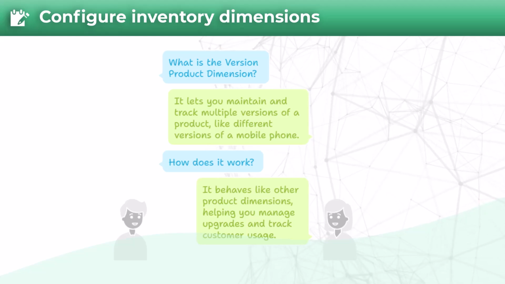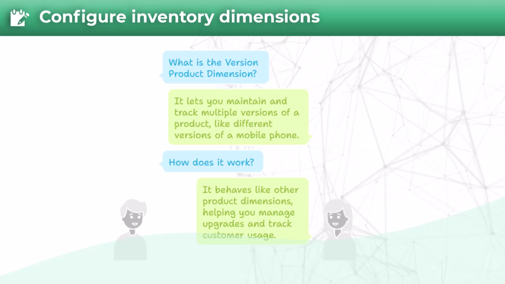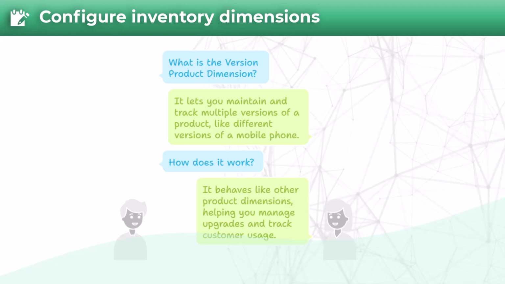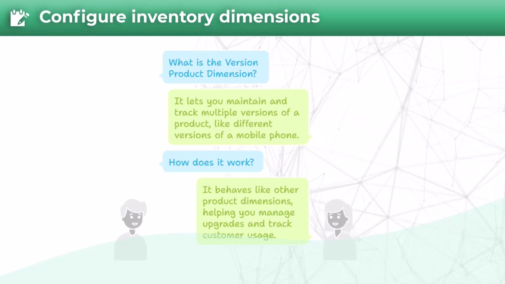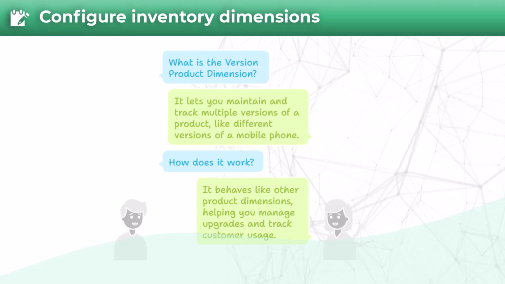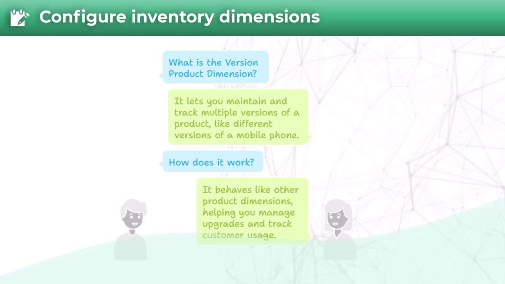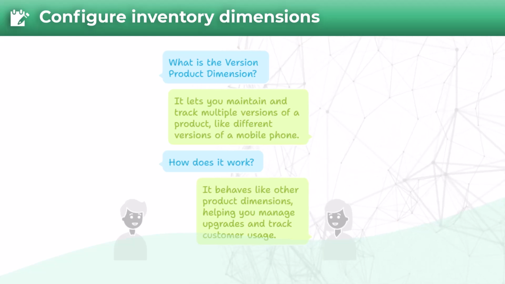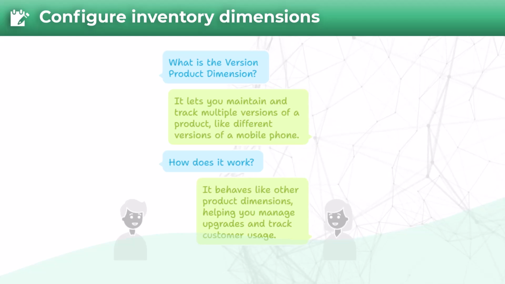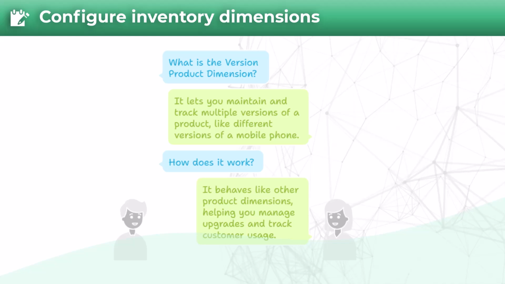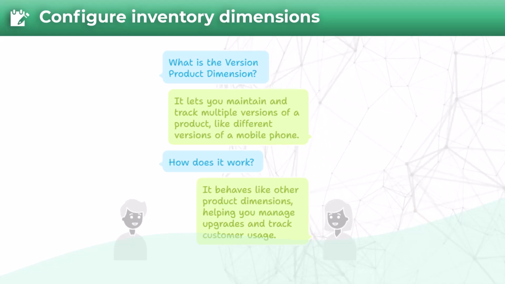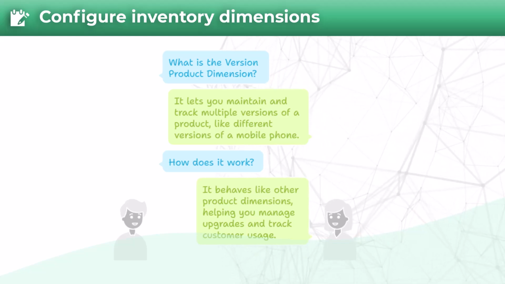For example, think of a mobile phone with version 1.0, 2.0 and 3.0. The version dimension helps you manage the upgrades and track which version customers are actually using.